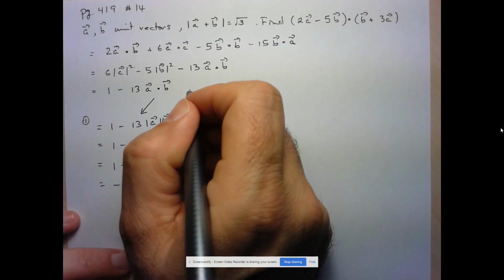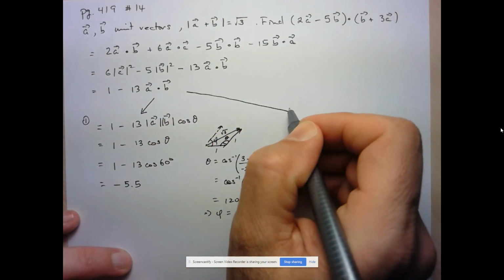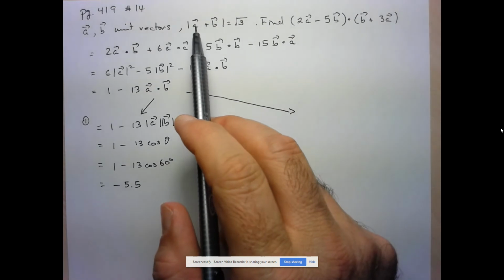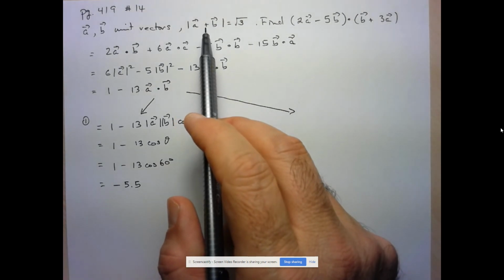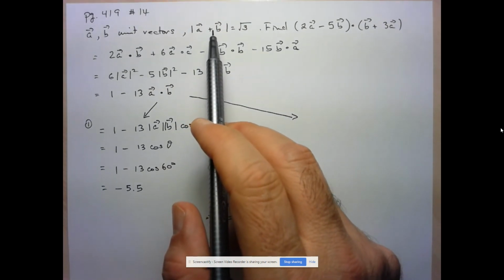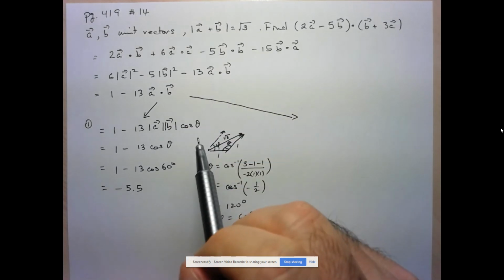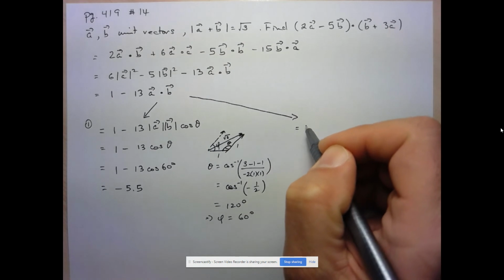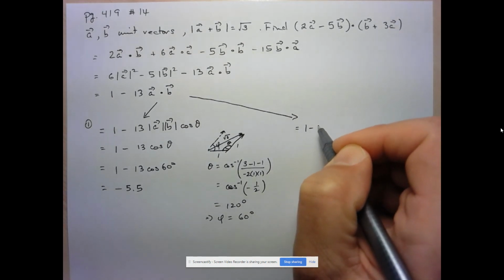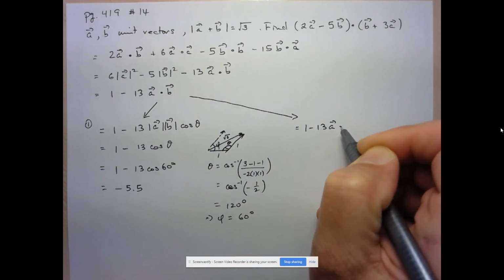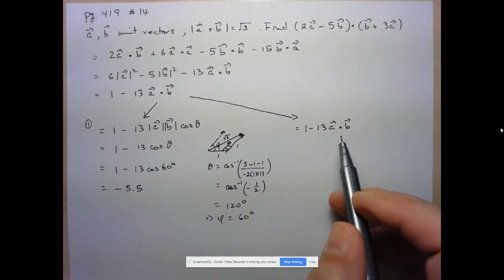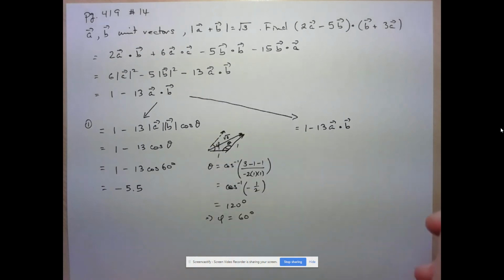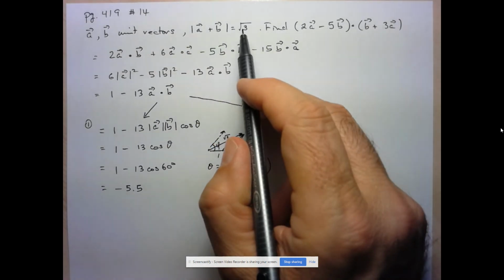Okay, so now let's take a look at a more algebraic approach. And I'm going to use the fact that the magnitude of a vector squared is equal to that vector dotted with itself. Okay, so again, I'm still left with 1 minus 13 A dot B. Well, what I can do is determine A dot B by using the fact that the magnitude of A plus B is equal to root 3.